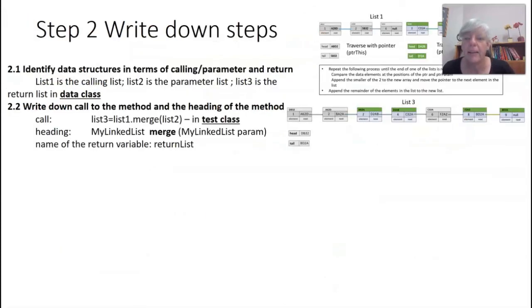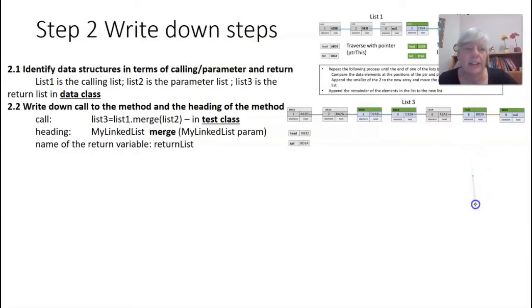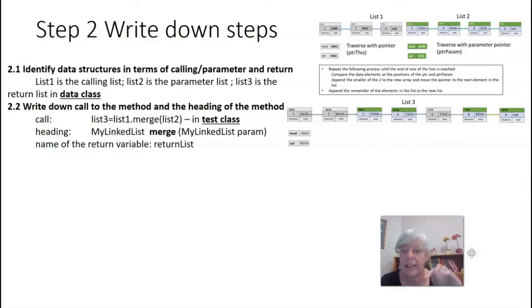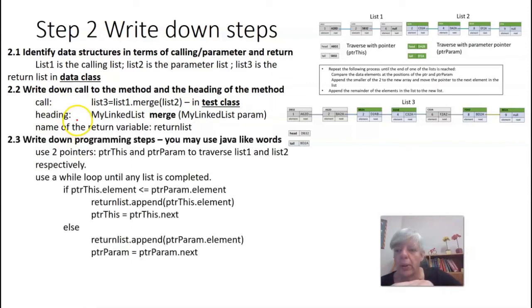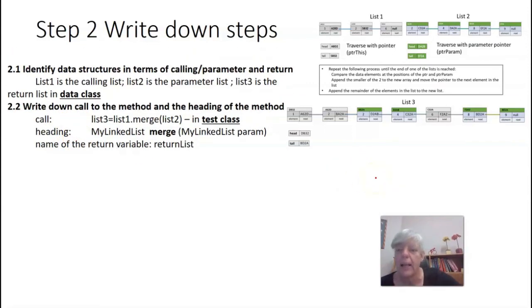Okay, the method call and the heading, as I've just explained, is actually extremely important. The call you understand, let me just go back there. But it's this heading in the class that's really, really tough. The parameter's type is a MyLinkedList. That's list 2 in this diagram. This list 1 is the calling list.